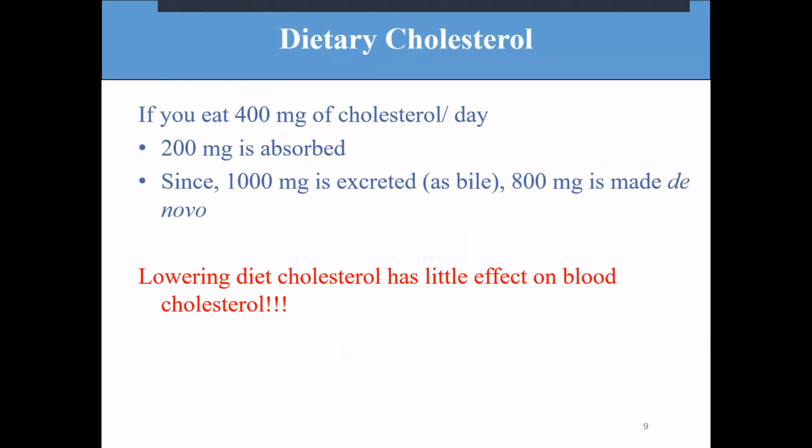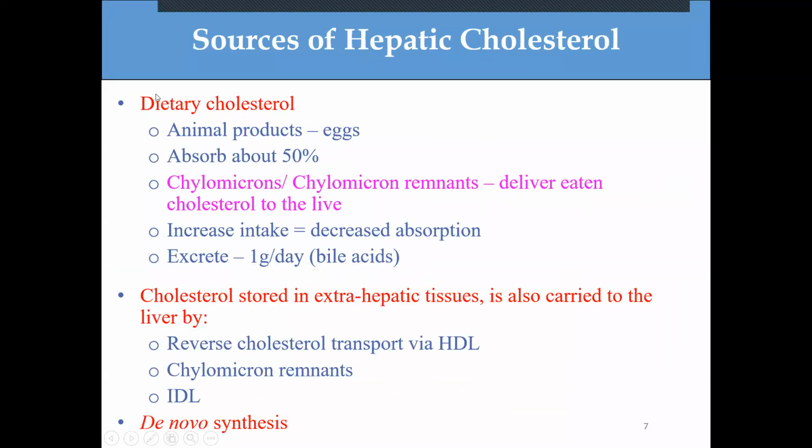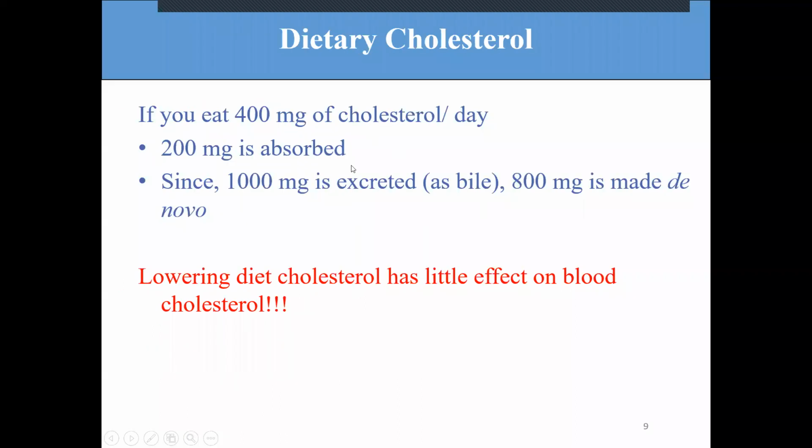Okay? Now, let's say that you eat 400 milligrams of cholesterol in a day. Now, we said earlier that you're only going to absorb about 50% of it. So, 400 milligrams of cholesterol eaten, and you're only absorbing 200 milligrams, which is 50%. Overall, you're going to release 1,000 milligrams as bile into the intestines, which helps do what bile does.